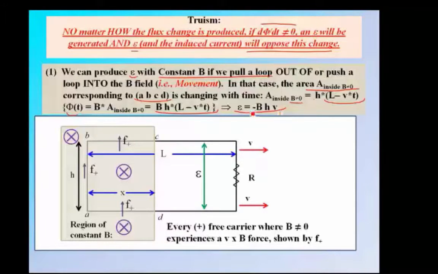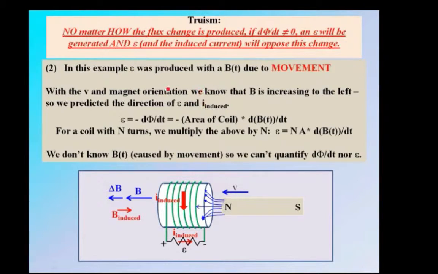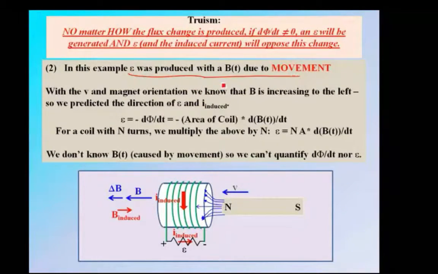We've come up with epsilon, and we've already come up with the polarity. So what we're talking about then is the EMF across these two wires, which will then generate the current through the resistor. Let's take another example, the one we had before, where we produce B by movement of the magnet. So we know that B is increasing to the left, and so we predict the direction of epsilon and I induced.